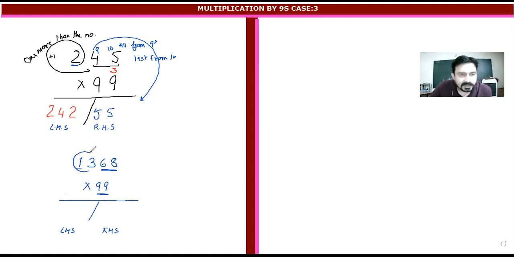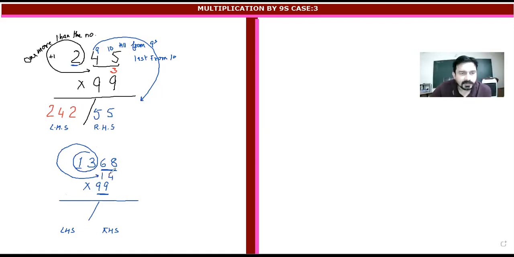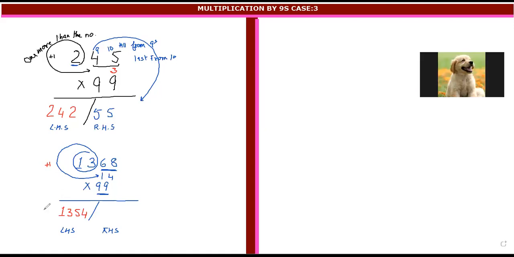So 13 plus 1 becomes 14, and I have to subtract this 14 from here. So when I subtract 14 from here, I will get 1354. Isn't it? Yes.